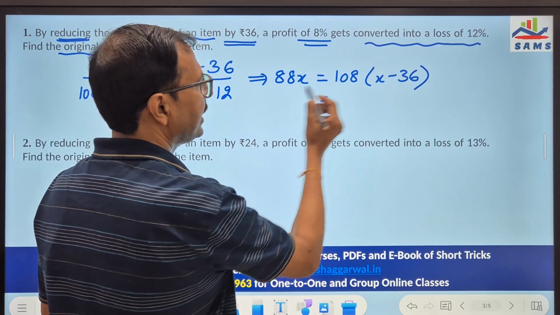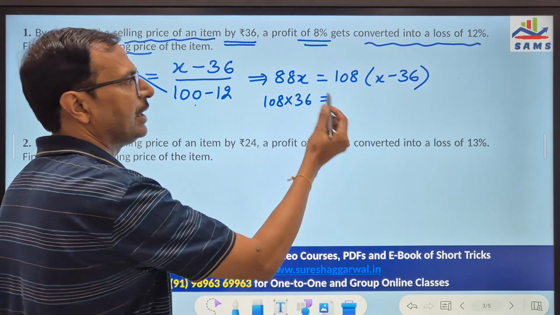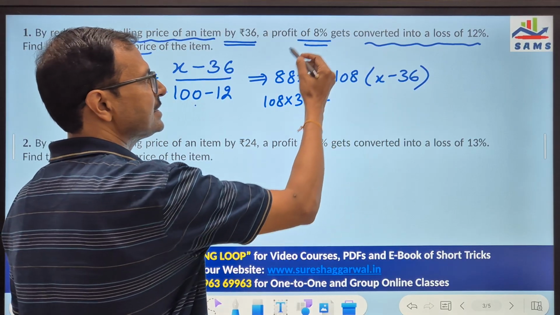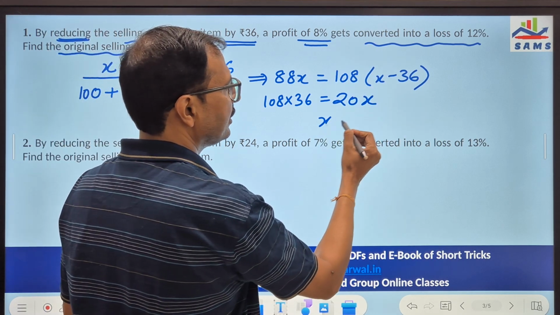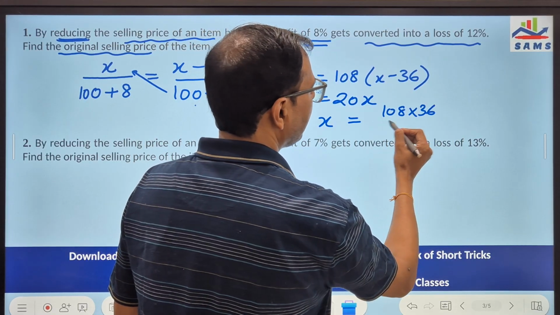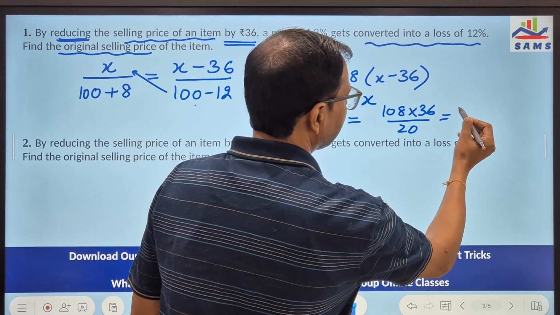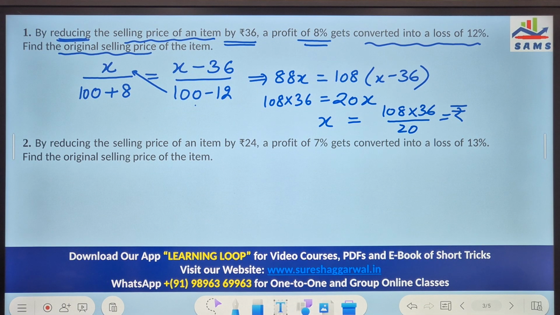So if you see 108 into 36, this will come on the left and become positive, and 108x minus 88x will be 20x, thereby giving you the value of x as 108 times 36 upon 20, and this is the simple calculation which you have to do to find the selling price of the item.